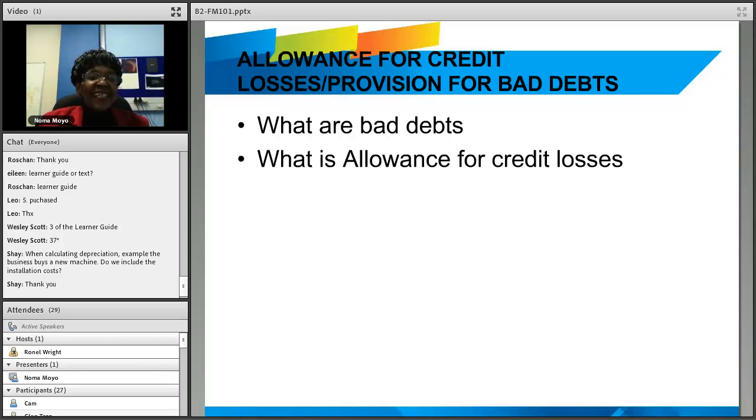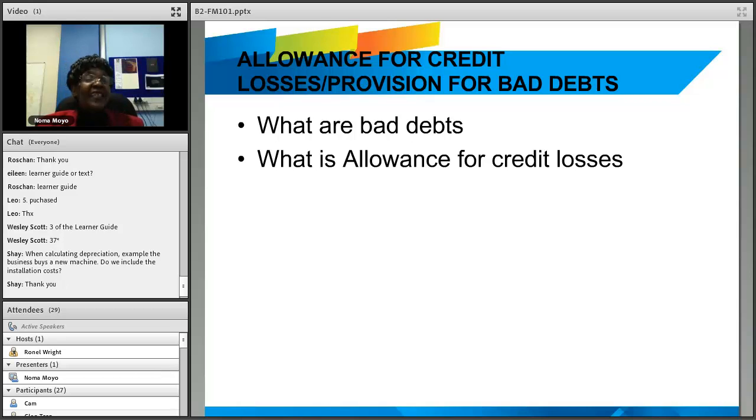It is only created once. If, let's say, this year our debtors were 100,000 and we are setting a provision for bad debts at 5%, it means that 5% of 100,000 is going to be 5,000. But that doesn't mean that next year it will show 5,000.